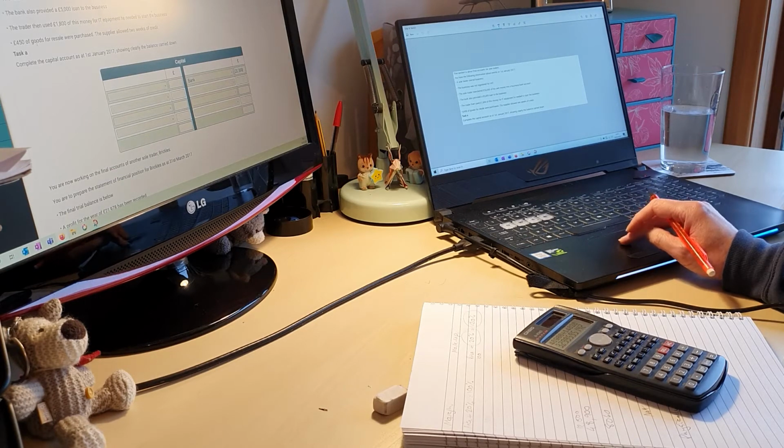Supplier allowed 2 weeks of credit. Complete the capital account as at the 1st of January 2017 to include the accounts.